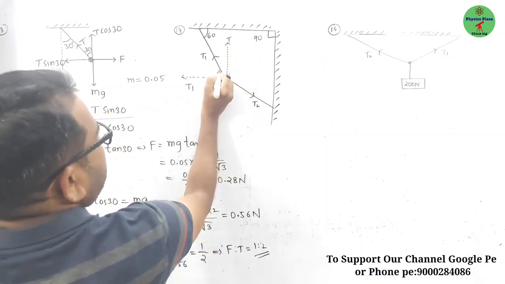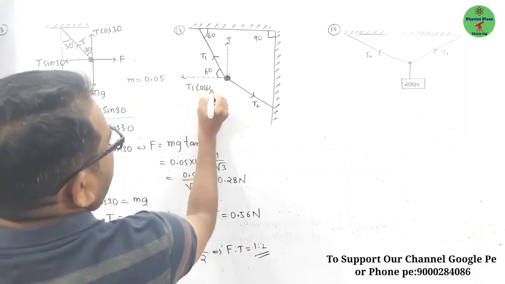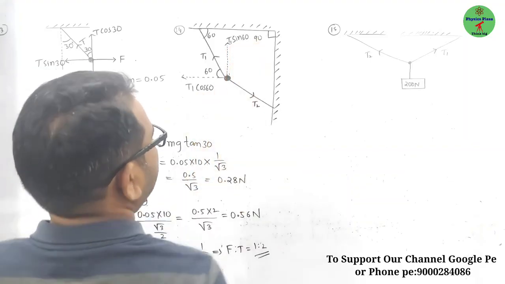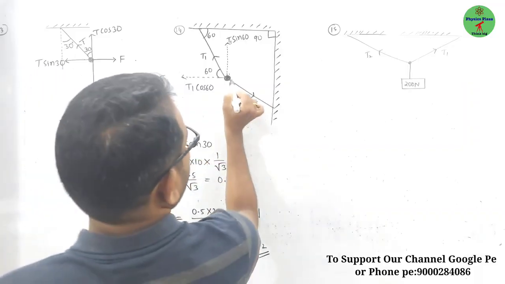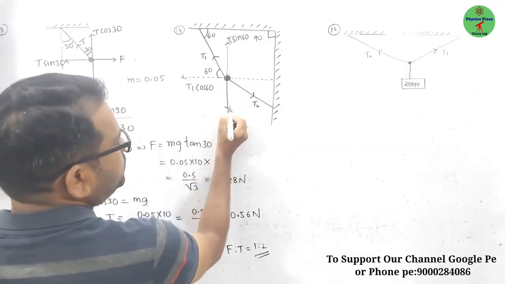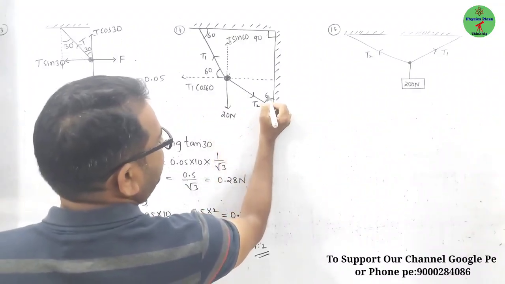Here it is 60, so yes, this should be 60. This is T1 cos 60, this is T1 sin 60. Then what about this other angle? Wait, here we forgot something. A force of 20 Newton is acting, and here also it makes 60 degrees.